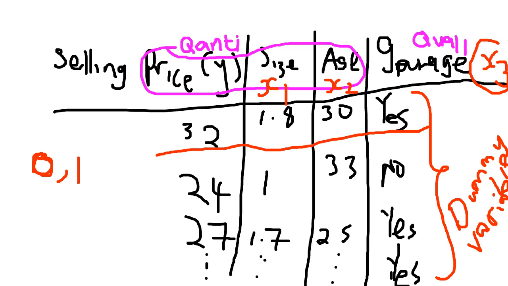So what we can do, we can come up with a variable called gender.